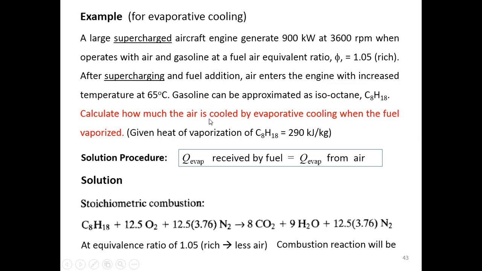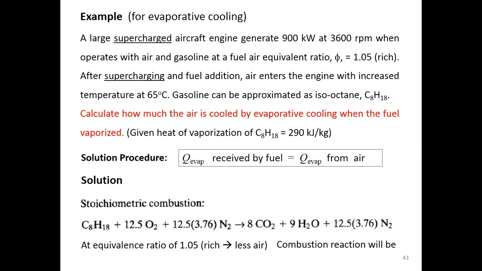Calculate how much the air is cooled by evaporative cooling when the fuel is vaporized. We inject the fuel to mix with the air, the fuel takes the heat from the air and evaporates, so the air is cooled down. So we have evaporative cooling happening.